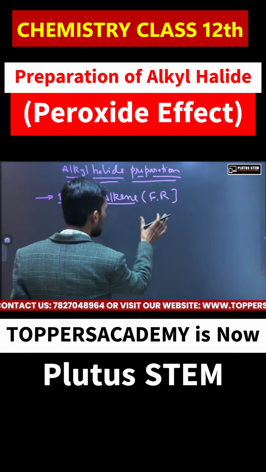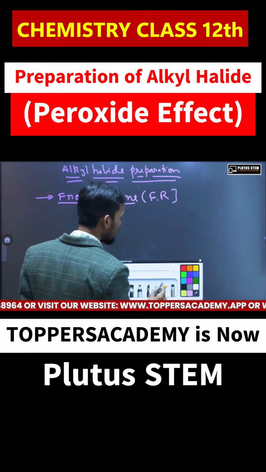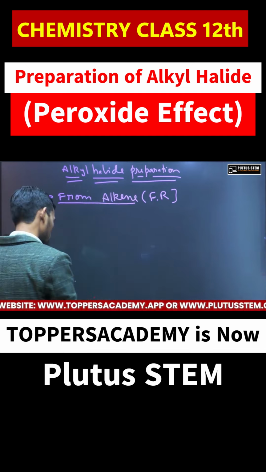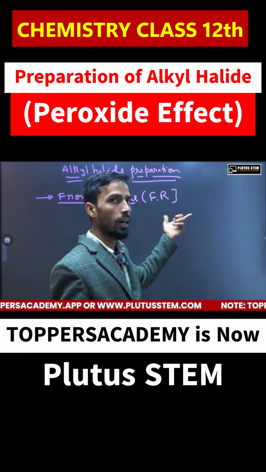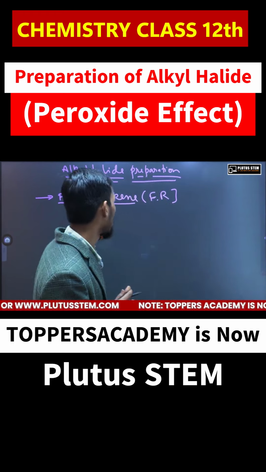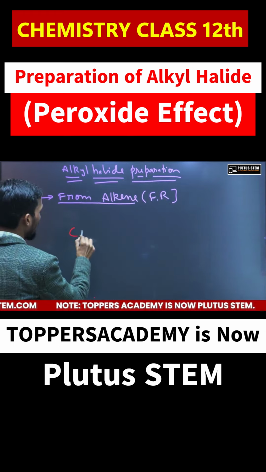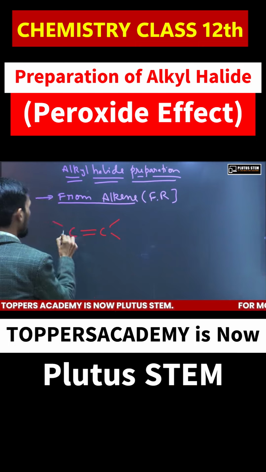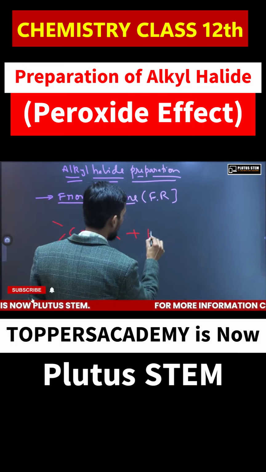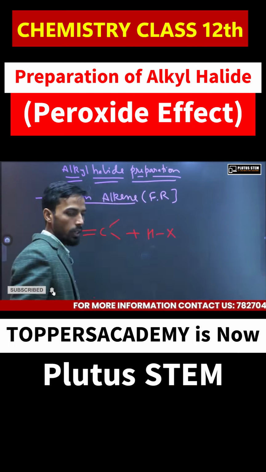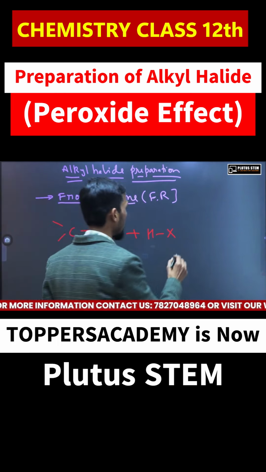And today we are going to discuss a new concept, that is addition of this alkene with HX in the free radical mechanism. How is this reaction proceeding? So first, if we have this alkene, and we are reacting it with HX in presence of peroxide.